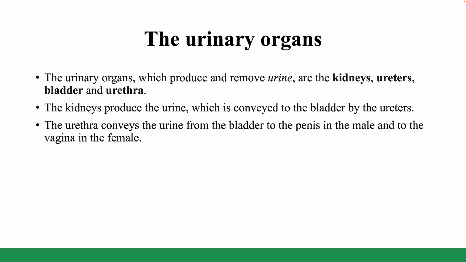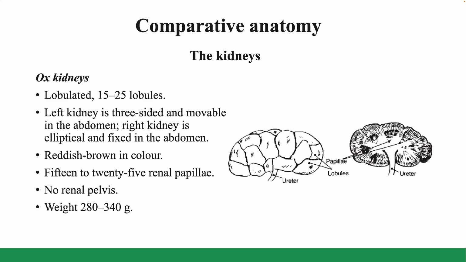The urinary system consists of kidneys, ureters, bladder, and urethra. But here, we are going to talk of the kidneys only, because the rest don't have much distinctive features that can help us distinguish them among species.